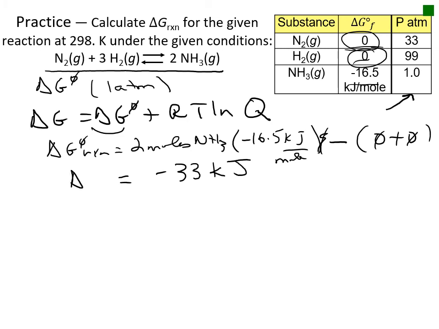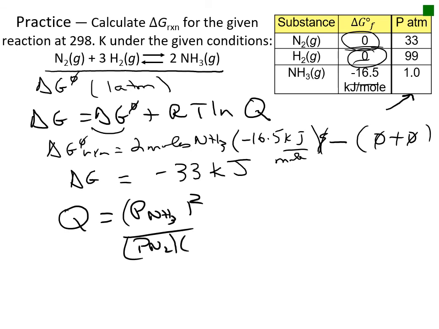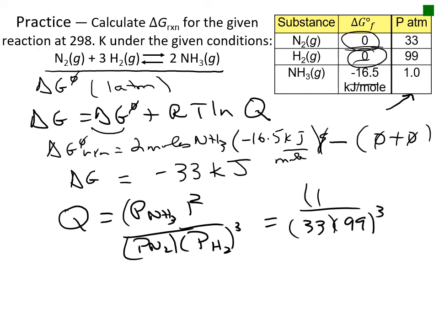Now, that's delta G naught. What about Q? Q is going to equal the pressure of ammonia squared over the pressure of nitrogen times the pressure of hydrogen cubed, which is going to equal 1 over 33 multiplied by 99 cubed. That one would be squared. This would equal 3.1 times 10 to the minus 8.